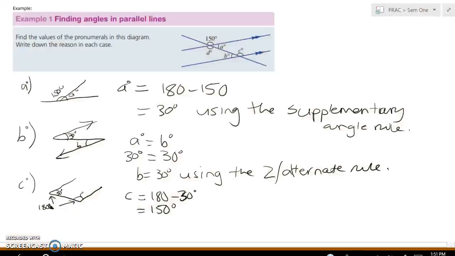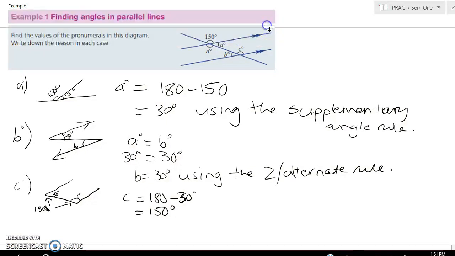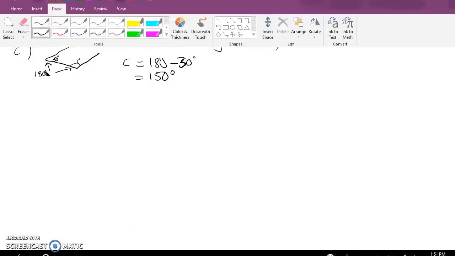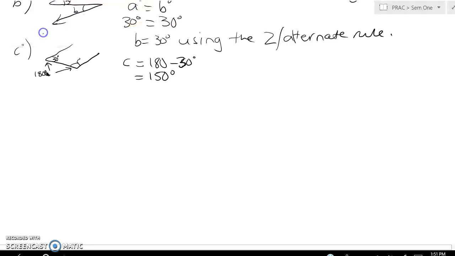Just going to insert a little bit more space. We can now find D, which is our last one. And we can use the vertically opposite rule. So we know that this is 150 degrees. So down here in D, we know that these two angles are equal.